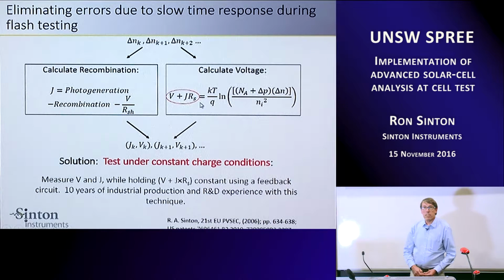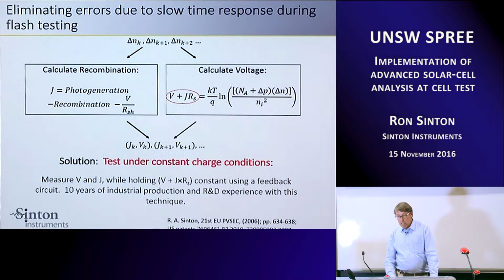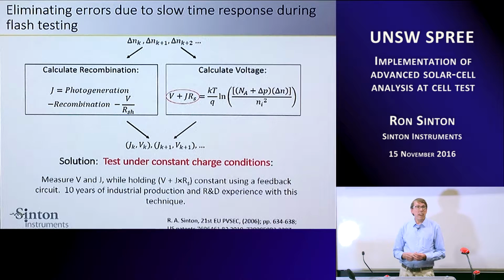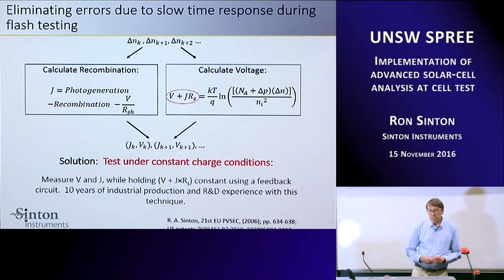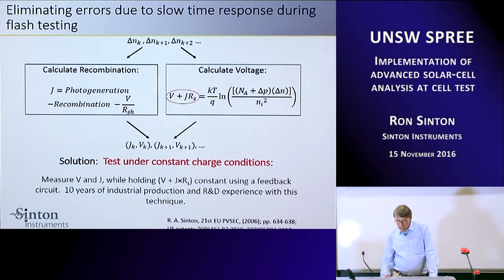And so we just do this, and it's quite simple in concept. And what you're actually doing is testing under constant charge conditions. And you measure the voltage and the current while holding the voltage plus JR sub S constant using a feedback circuit. So we have the hardware do all the work in order to get an accurate measurement.